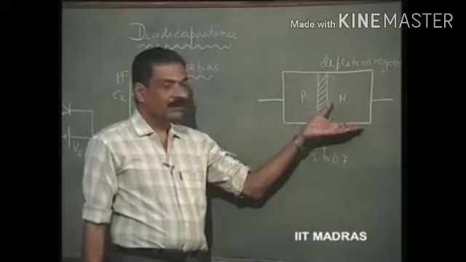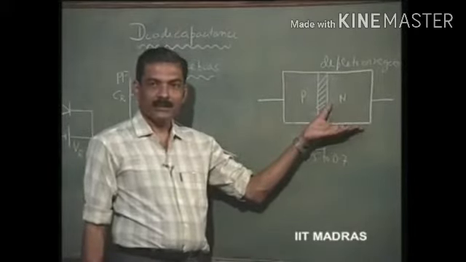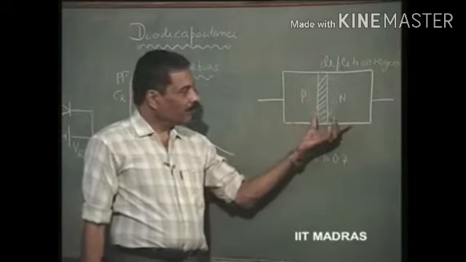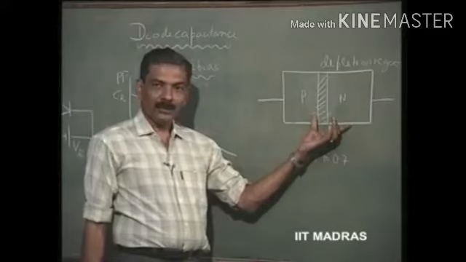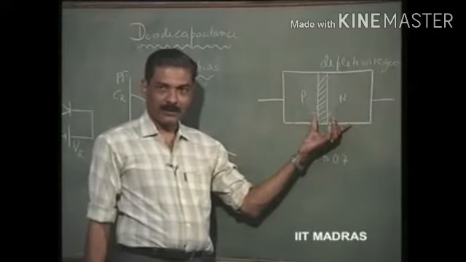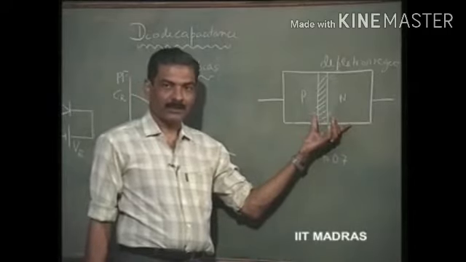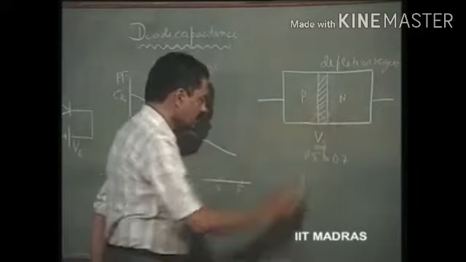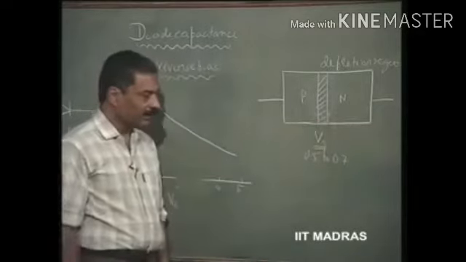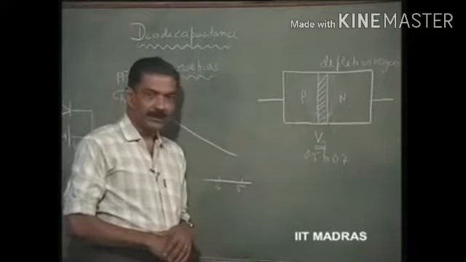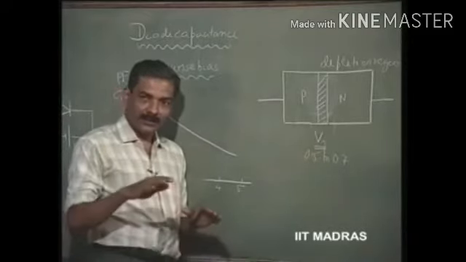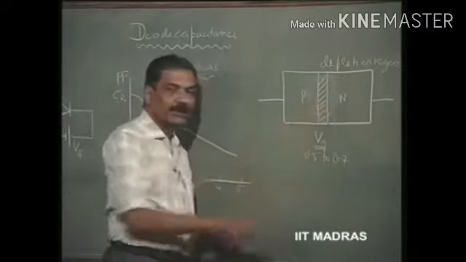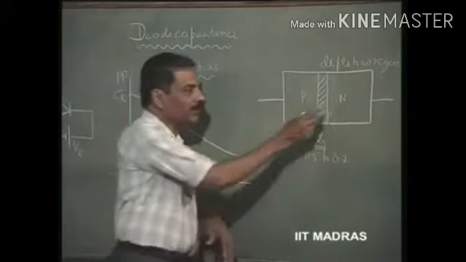That means the reverse resistance is very nearly infinity, but it can now be equated to a capacitance, not just an open circuit, but a capacitance really. Therefore, we can always say that a junction diode under reverse bias condition, apart from being considered DC-wise as carrying only the reverse current, can also be considered to have a capacitance.